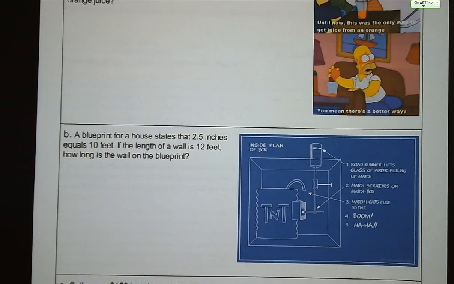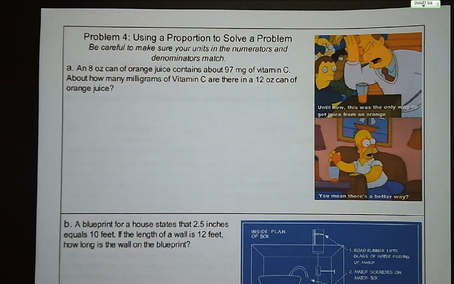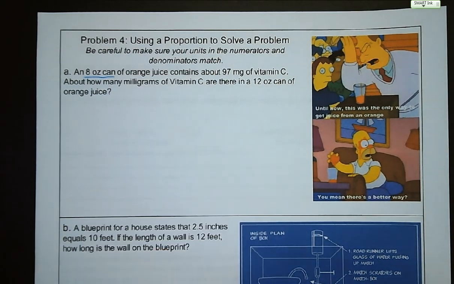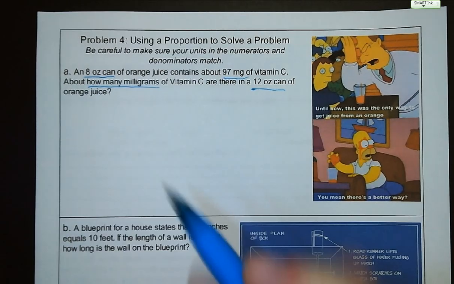Moving on to the next page. Using a proportion to solve a problem. And if you'll note, I said be careful to make sure that your units in the numerator and denominators match. So, we've got an 8-ounce can of orange juice that contains 97 milligrams of vitamin C. How many milligrams of vitamin C are there in a 12-ounce can of orange juice?